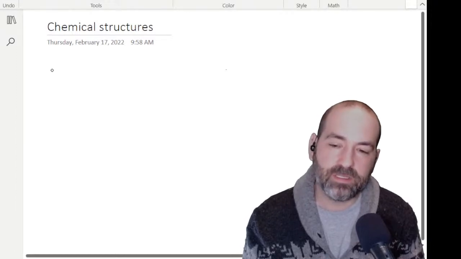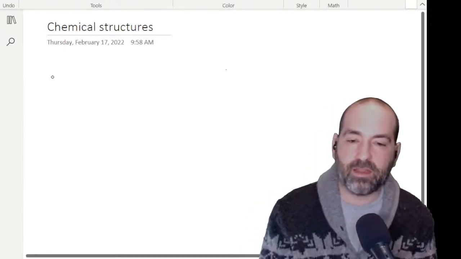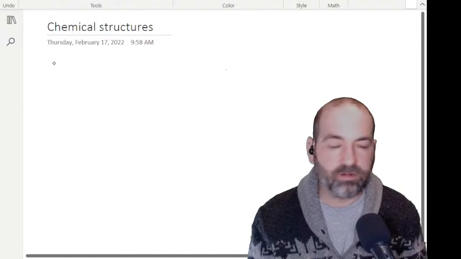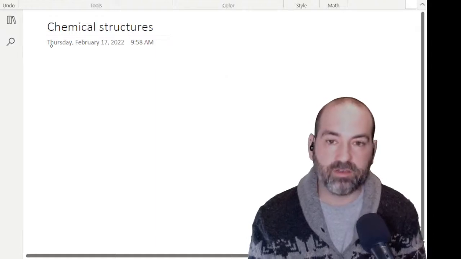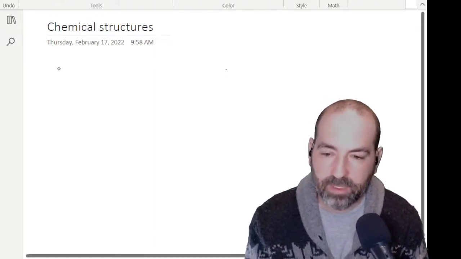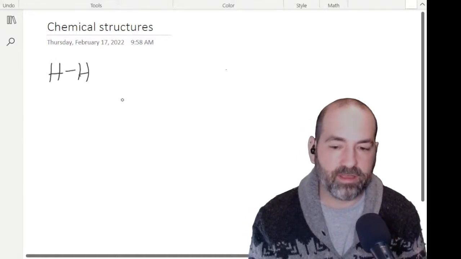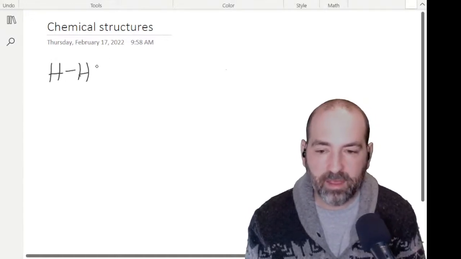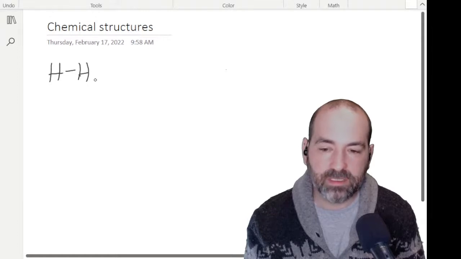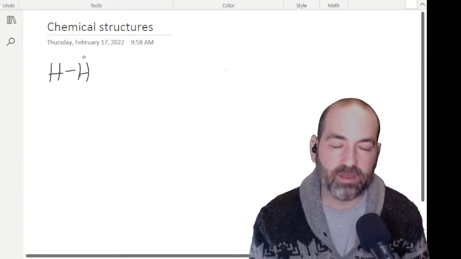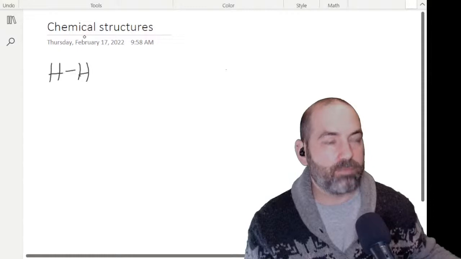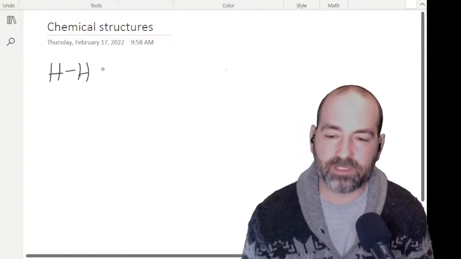So one thing to note is that certain elements are generally making certain numbers of bonds to other elements. So we can draw these lines, connecting two elements together like that. And we're going to see some common patterns that we'll explain probably in a couple of weeks when we get more into electronic structure.